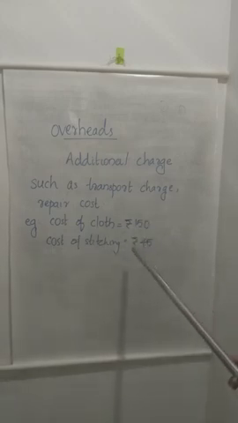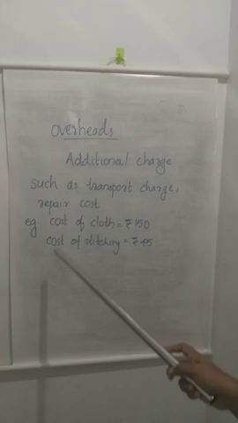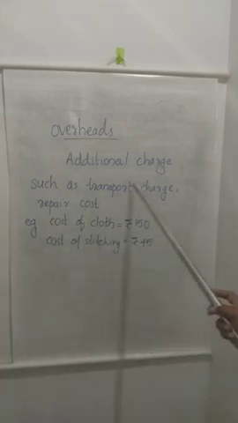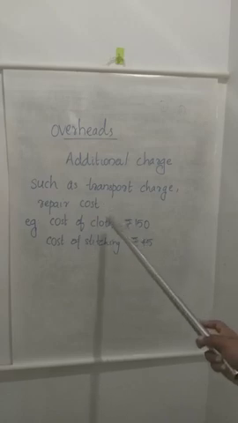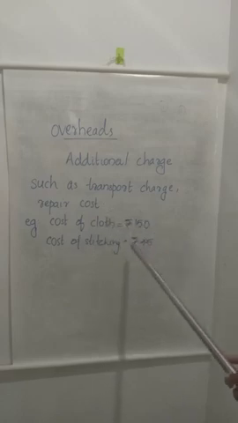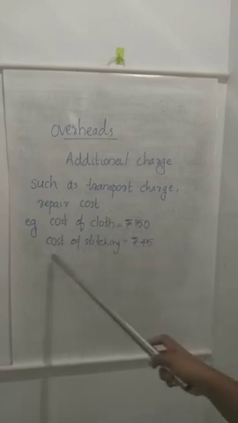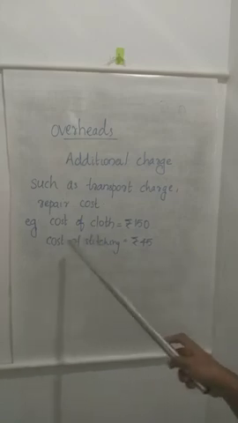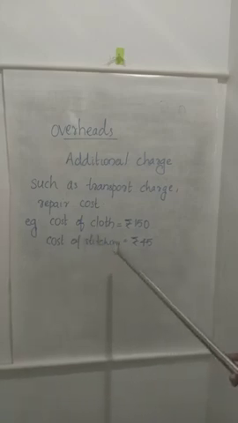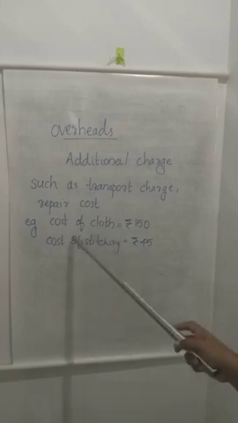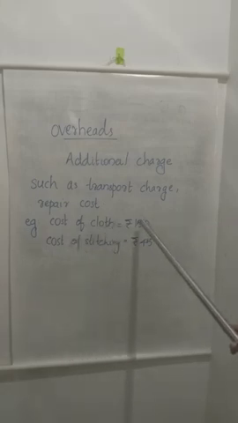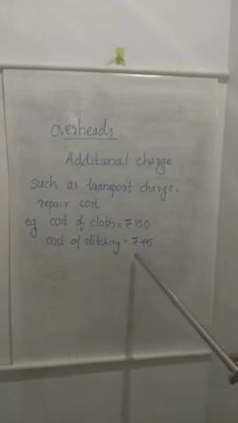So, in order to find the total cost, in such cases, the total cost is found by adding CP plus the overhead. Here, what is the overhead? Stitching. That is an extra expense coming for us. So the cost of cloth is 150 plus the cost of stitching will be the total cost.